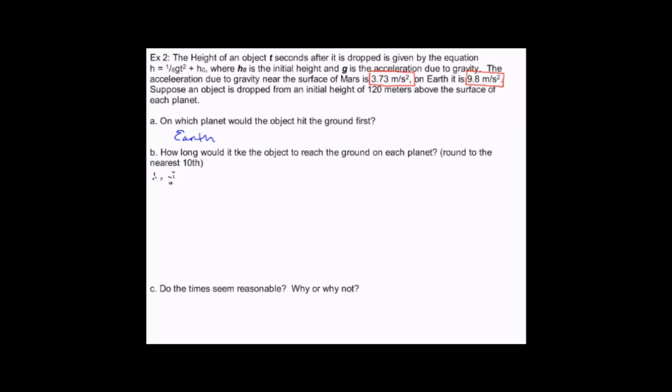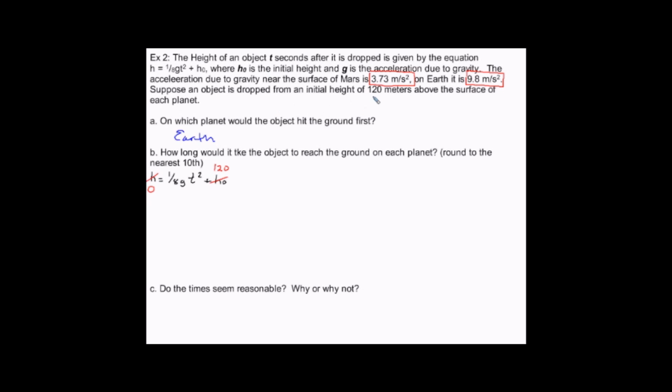Sorry about that. Let me fix that. h is equal to 1/8 gt squared plus h0. Well, our initial height is going to be 120. Our gravity is going to change versus the planet. We're talking about hitting the ground. So if we hit the ground, we're at 0 meters. Okay.